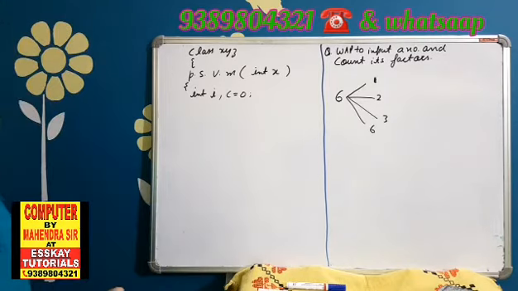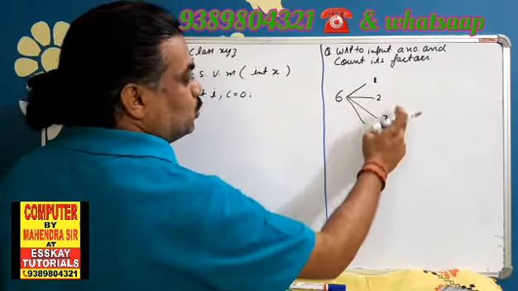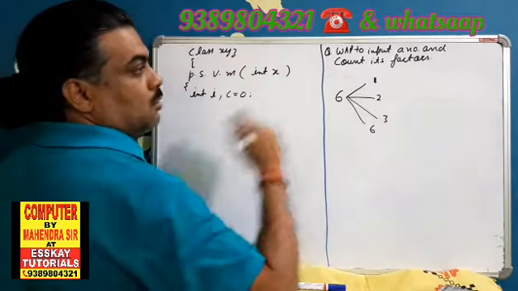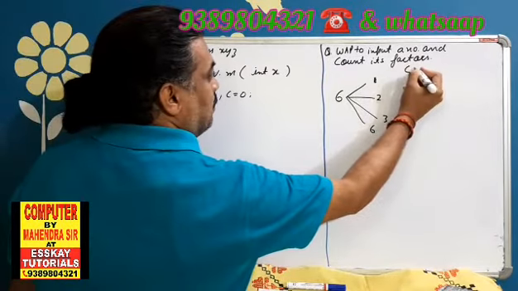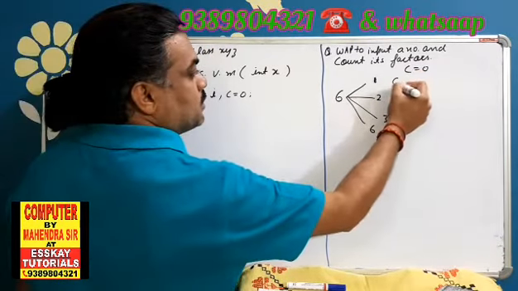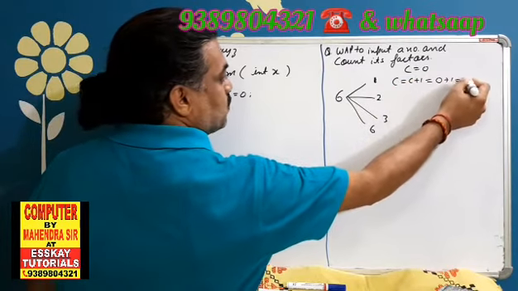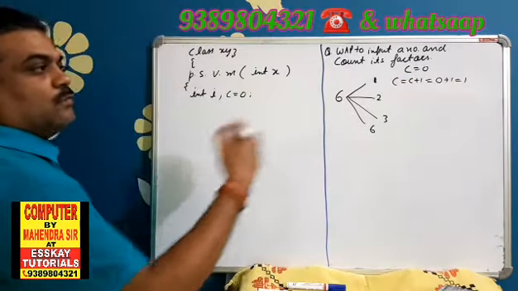We should always understand one thing. Suppose I have to count these: 1, 2, 3 and 4. There was a blank variable called C, which is 0. When it came here, C is equal to C plus 1, that's 0 plus 1 is 1. Now the value of C is 1.